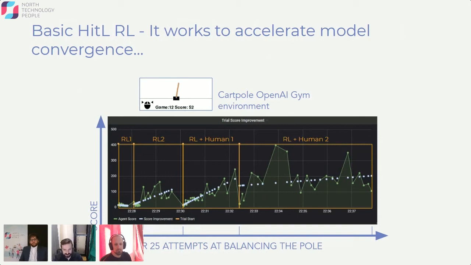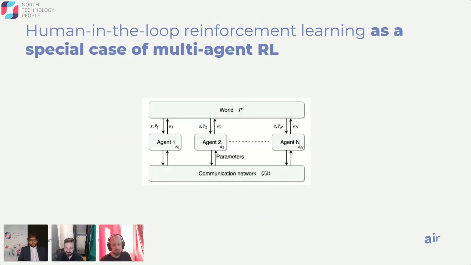But we want to push this a lot further. It's not just a question of taking a reinforcement learning algorithm and injecting a human in the process willy-nilly, or as a supervisor, or as a means to guide the training process. We want to push this towards what is basically a multi-agent reinforcement learning problem, where we're going to be treating human-in-the-loop reinforcement learning as a very special case of multi-agent RL, right?